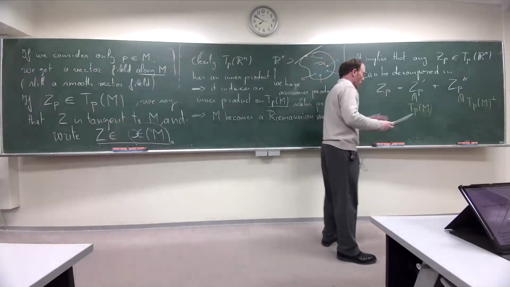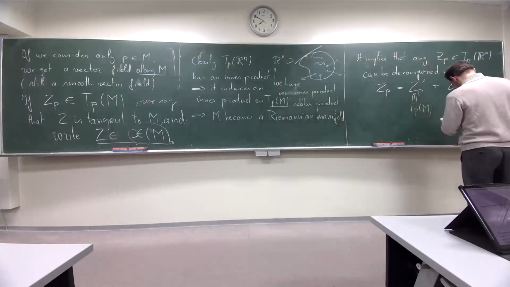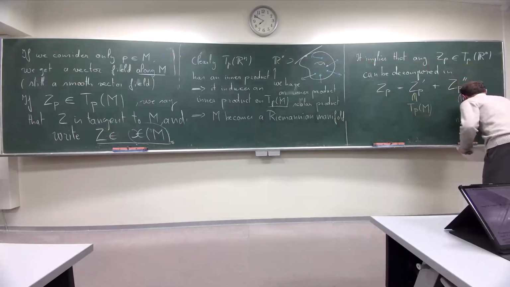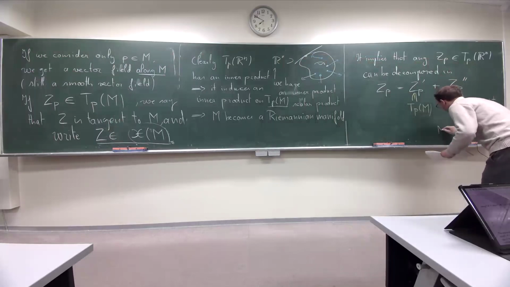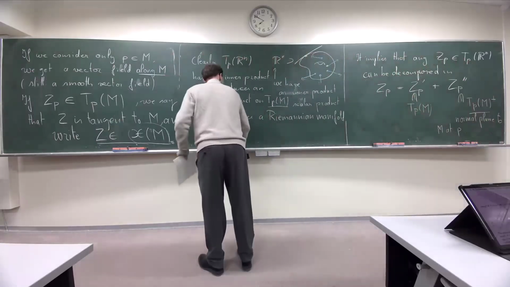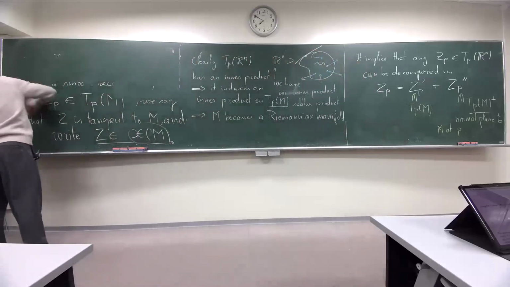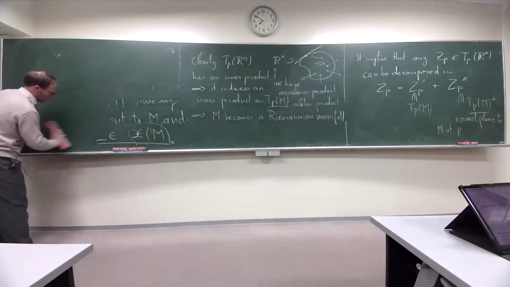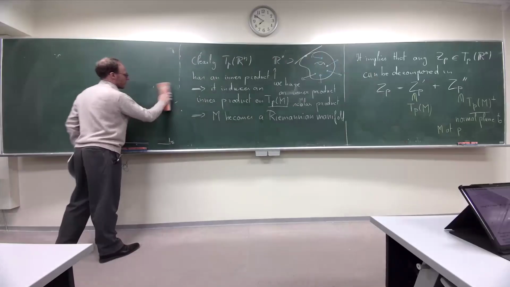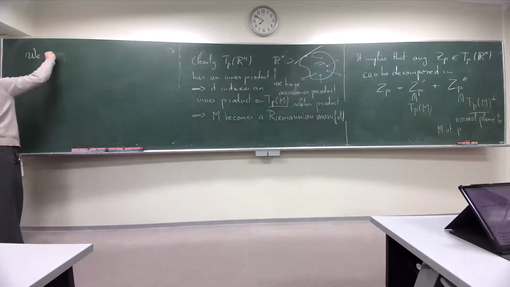We always have this decomposition into one part on the tangent space, and this one is called the normal plane to M at P. It's a plane which is orthogonal. And I will still introduce one notation. I told you this is quite natural. You decompose into one subspace and the ortho complement. Let me just set this Z_p prime.